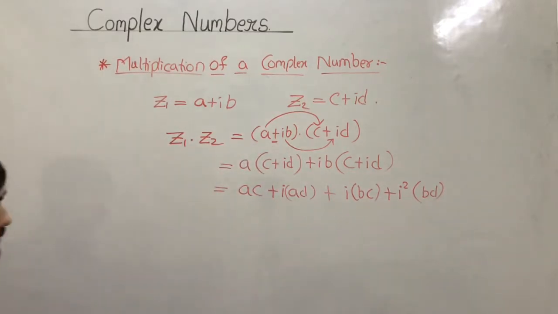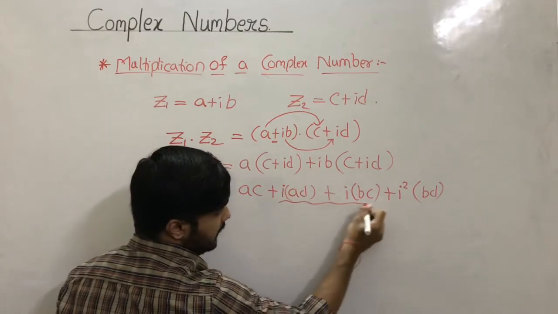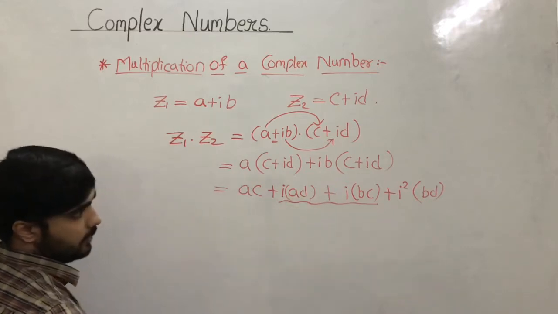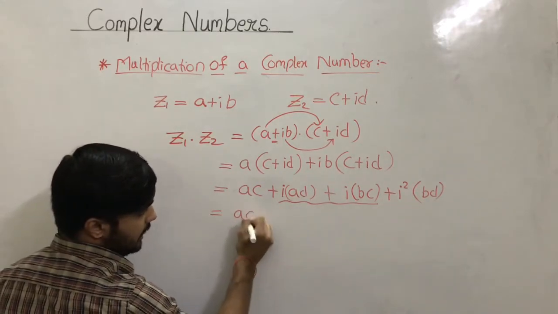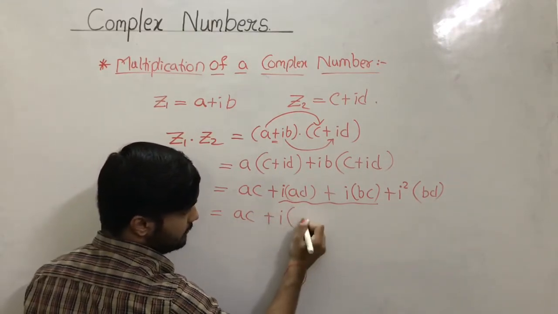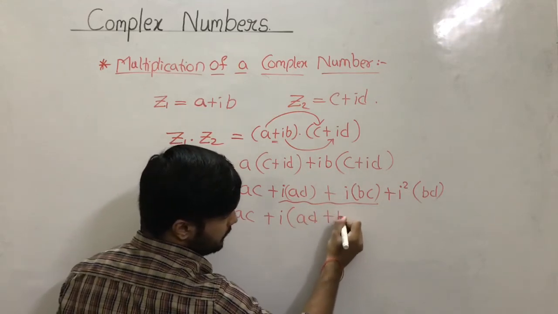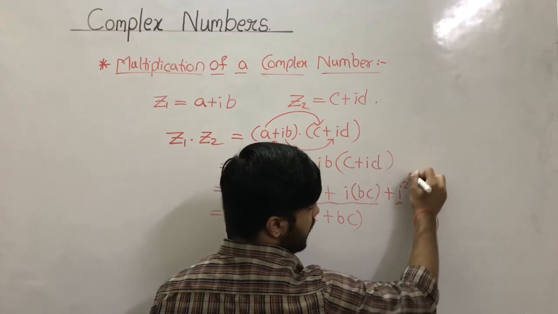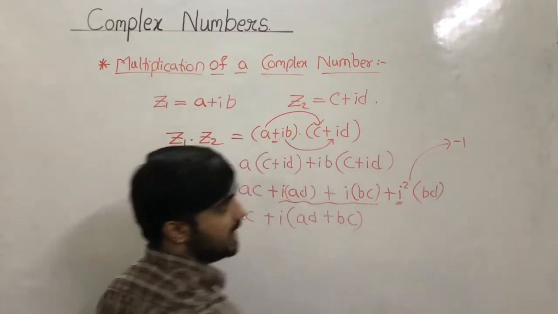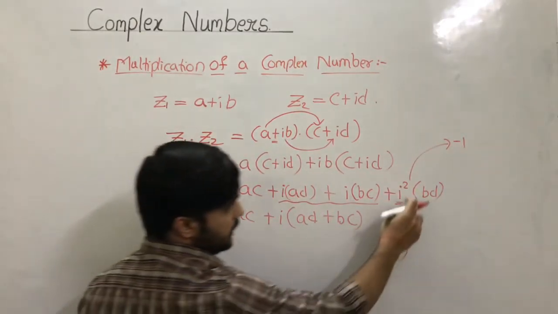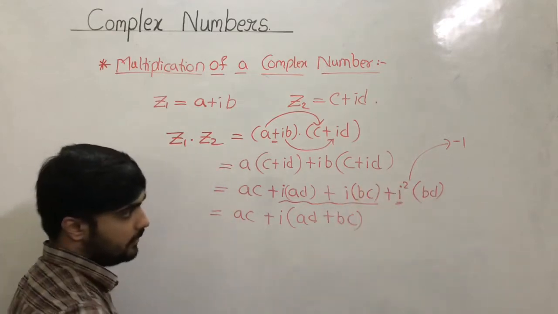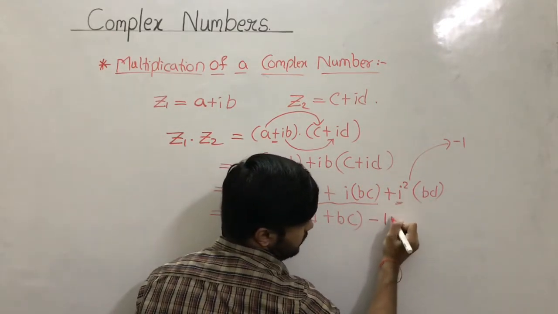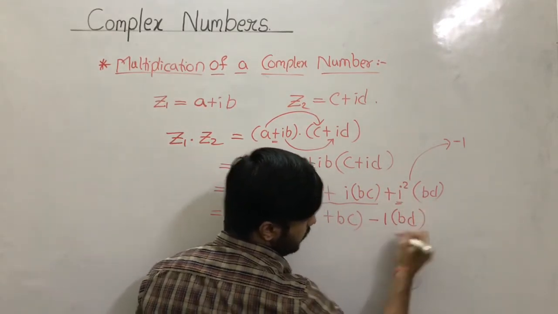Now let's solve this. We can take i common from these, so we'll get ac plus i times (ad plus bc). Now we know the value of i square: i square is nothing but minus 1. So we can put minus 1 in place of i square, so minus 1 times bd.